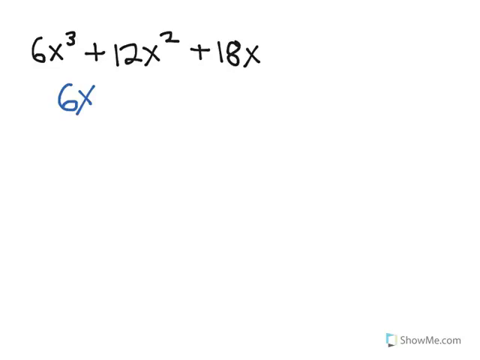So we'll pull that outside of the parentheses, and then we'll divide through each of these monomials in the polynomial by 6x.